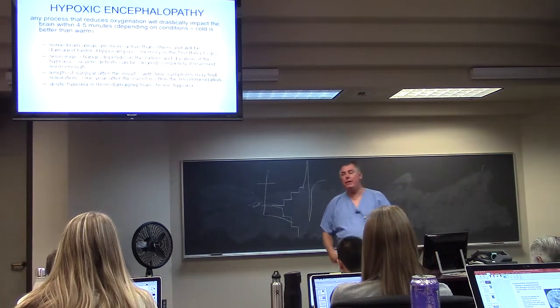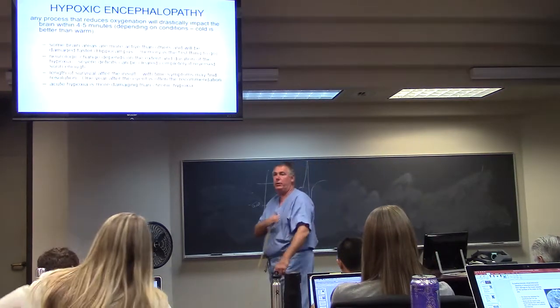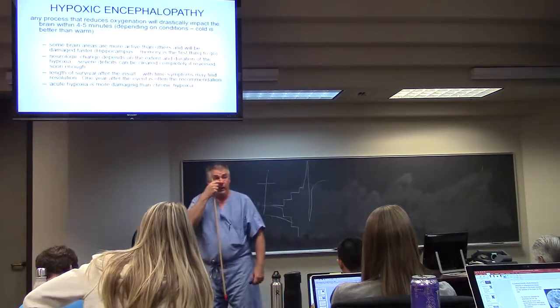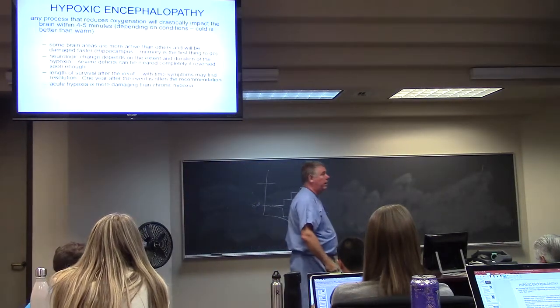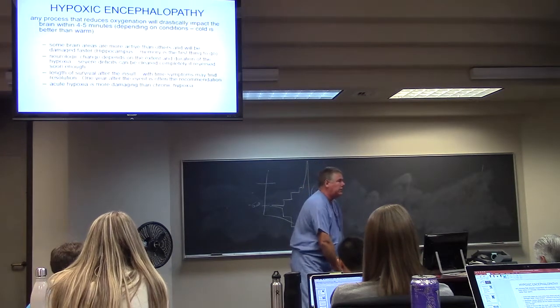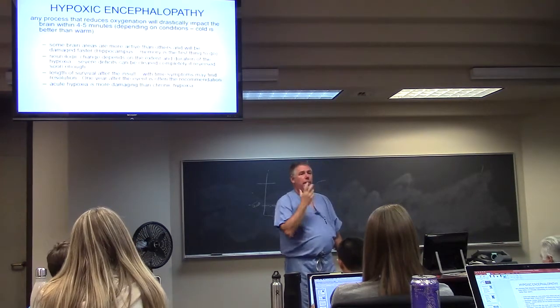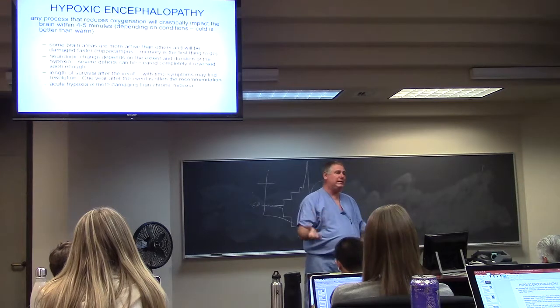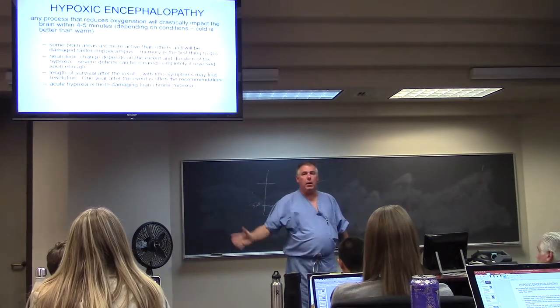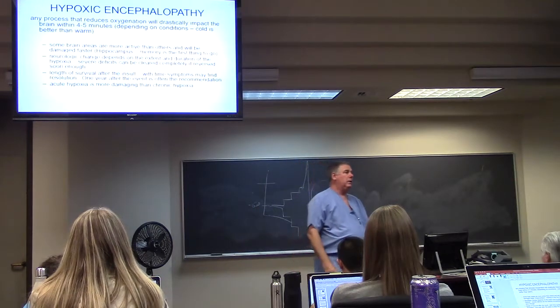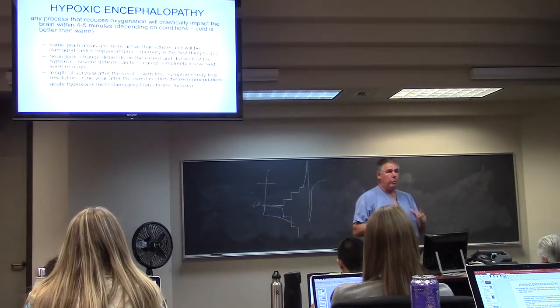Hypoxic encephalopathy is a very fancy term to just mean that your brain loses consciousness. If you cut off blood circulation to the brain, you're going to lose consciousness within 6 seconds. If that circulation is cut off for more than a few minutes, you're going to start killing neurons.